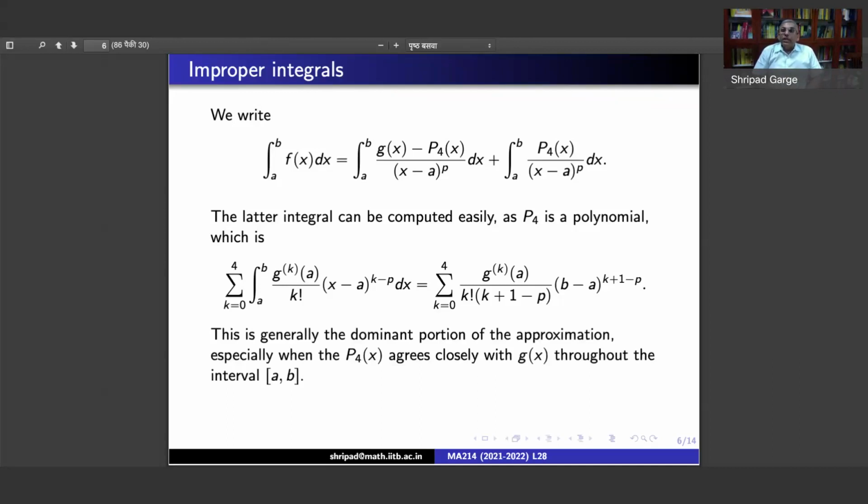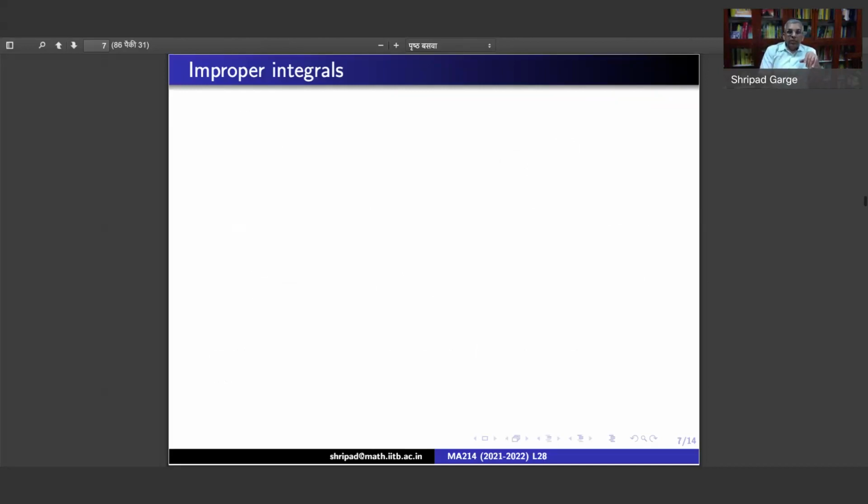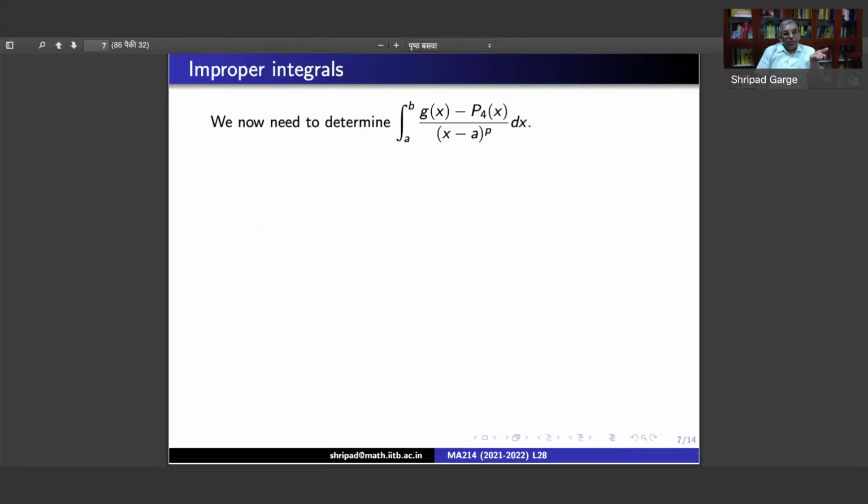So whenever P4(x) agrees closely with the function g(x) throughout the interval [a, b], then the difference g(x) minus P4(x) is bounded by some uniform quantity over the interval [a, b], and therefore its integration is a smaller quantity. But anyway, we need to determine this integration, and what we then do is to use the composite Simpson's rule.